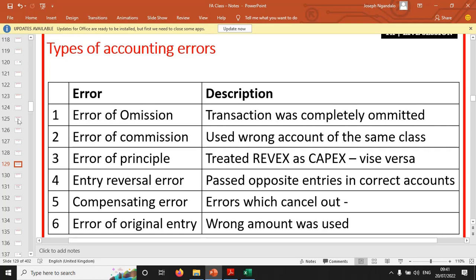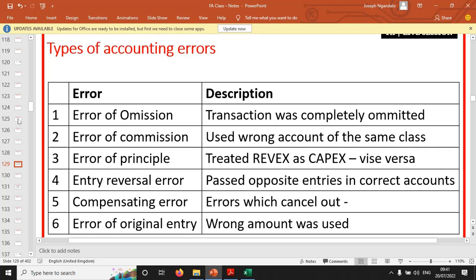Let's have an example. If you buy a vehicle, we know that that is capital expenditure. Do you understand that? But if you decide to take the cost of a vehicle to vehicle repairs, you are committing an error of principle. Did you hear that?